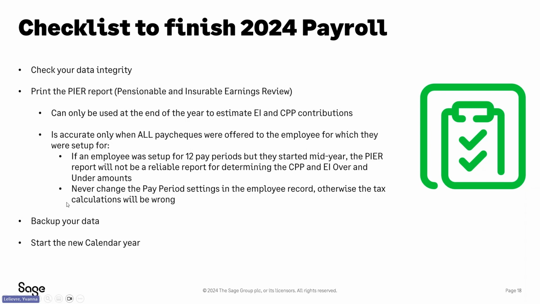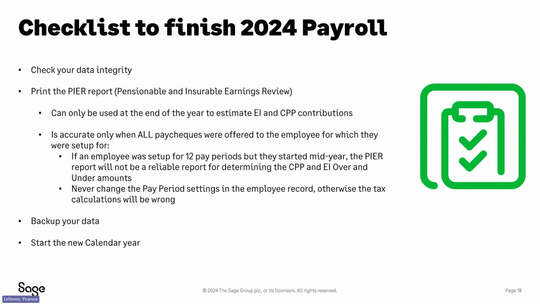Because you've changed the pay periods, the calculations were changed, and for part of the year the calculations were probably wrong. So I'm going to go through a report because this is something that is complicated to understand. I'm going to go in the software to show you exactly what I mean. Once this is done, you will have to back up your data and start the new calendar year.